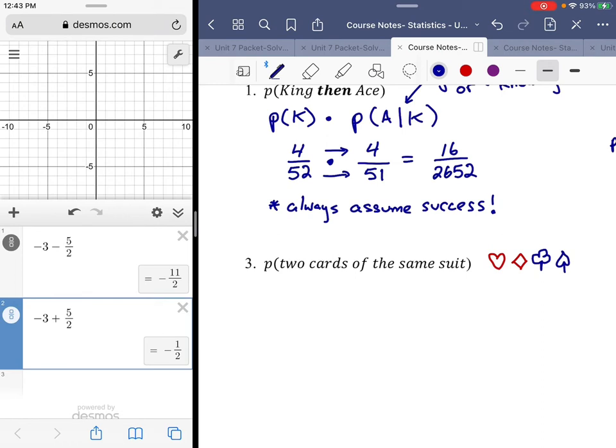So what we're going to do is account for the fact that it could be a heart and a heart. For the sake of making things as simple as possible, heart, diamond, club, and spade. So we're looking for the probability of getting a heart and a heart.